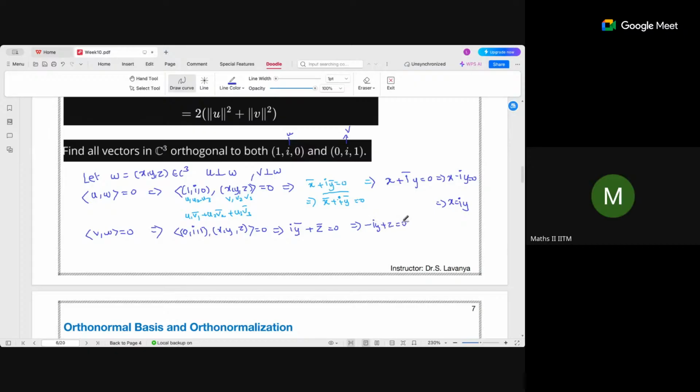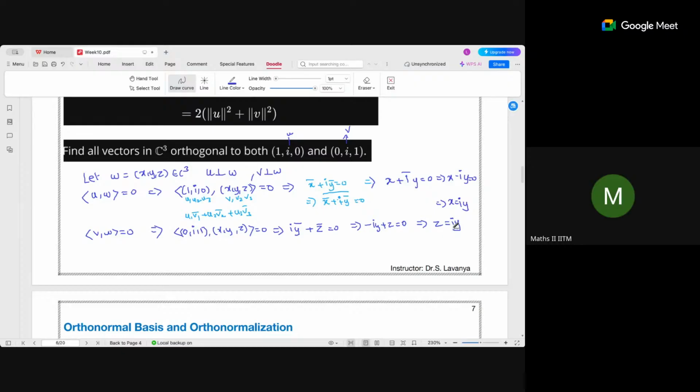Is that correct? I bar, I have straight away written as minus i. So I get z is equal to i y again. So x is equal to i y and z is equal to i y.